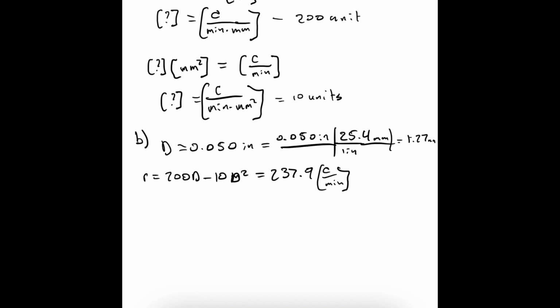But they want us to convert this into crystals per second. So R in crystals per second equals 237.9 crystals per minute, 1 minute has 60 seconds, and minutes cancel, and we're left with crystals per second, and this equals 3.96 seconds.